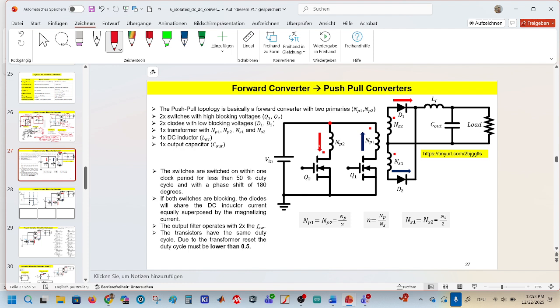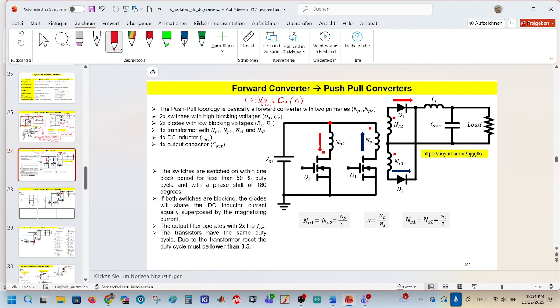So we said that the push-pull topology is a derivation of the forward converter. That would mean that the transfer function of this converter would be equal to the forward converter. And the forward converter is a derivation of the buck converter with a turns ratio of the transformer.